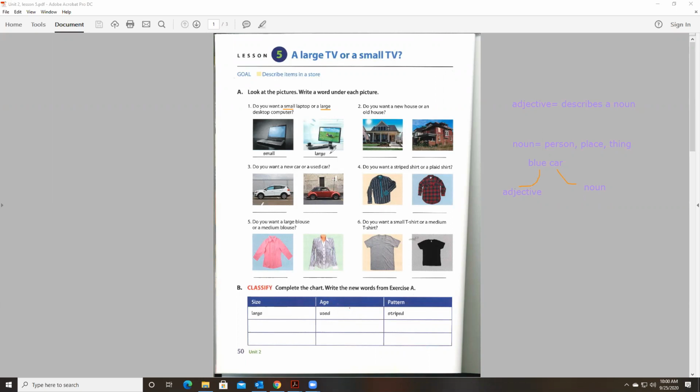Okay. Again, we're going to focus on the adjectives new, nuevo, old, viejo. Right? And then we'll just write these down here. And old.